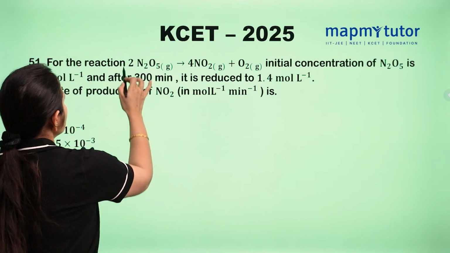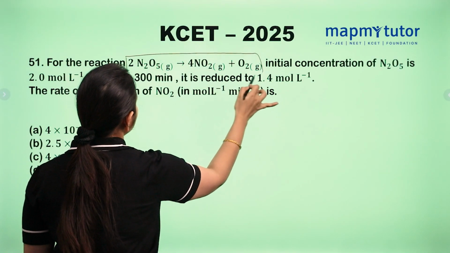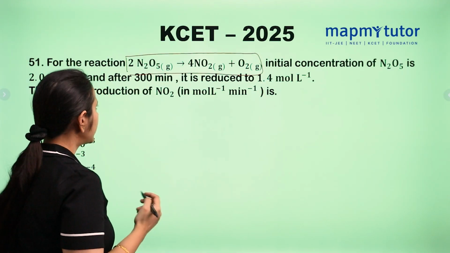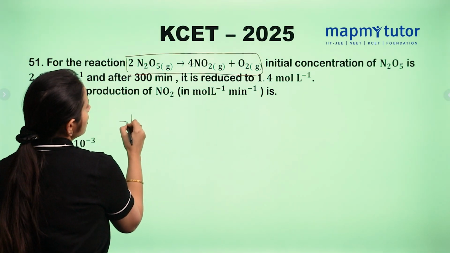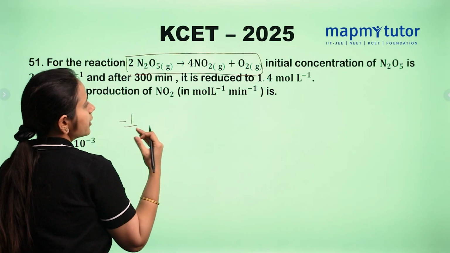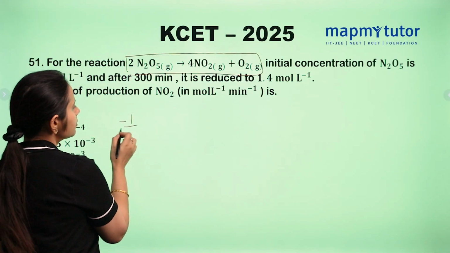Let's solve it. First, write the rate for this reaction. How will we write? For the reactant side, as it is a rate of disappearance, we will use the minus sign.